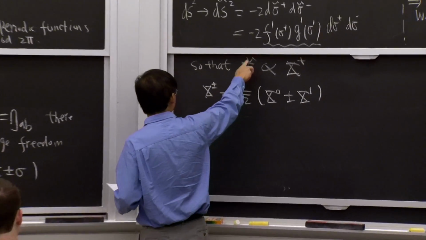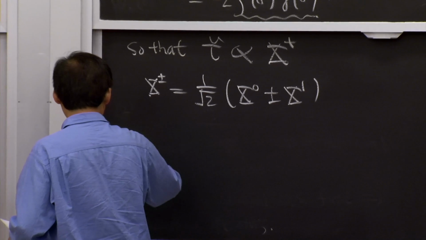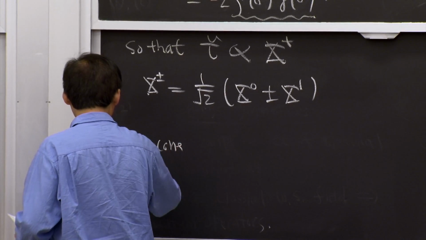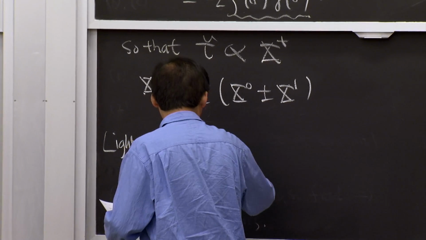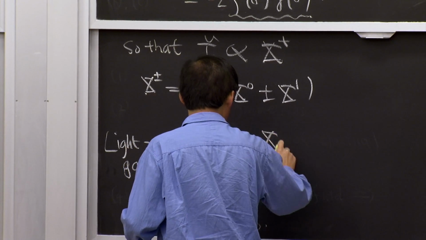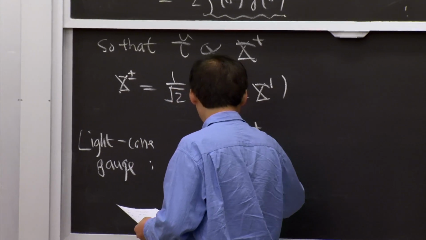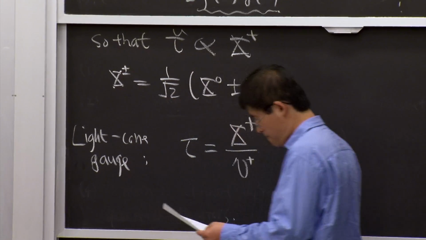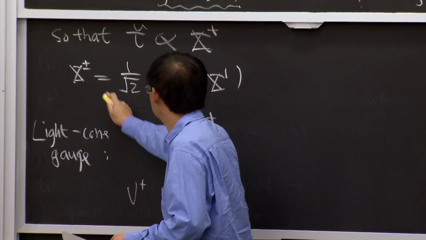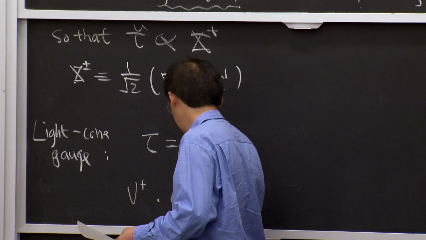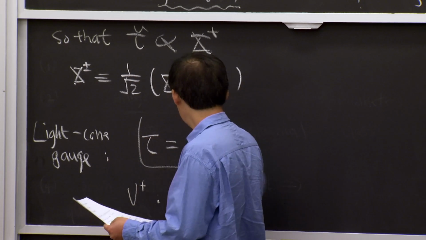I will suppress this tilde. So the lightcone gauge means we go to a coordinate so that tau becomes equal to x plus, up to some constant which I call v plus. Okay? So v plus is some constant. Is this clear to you?